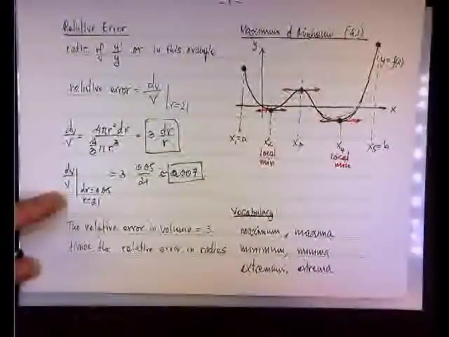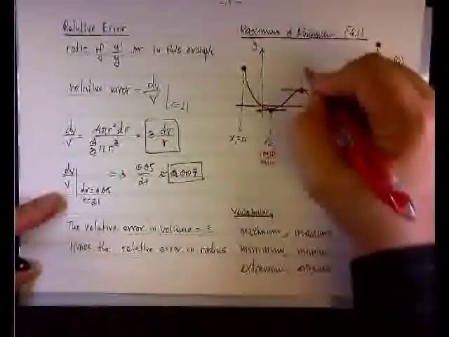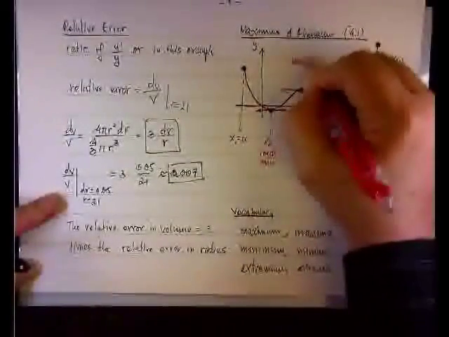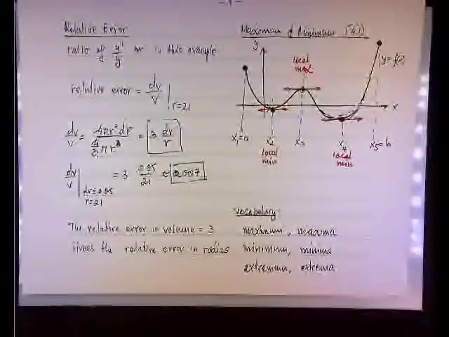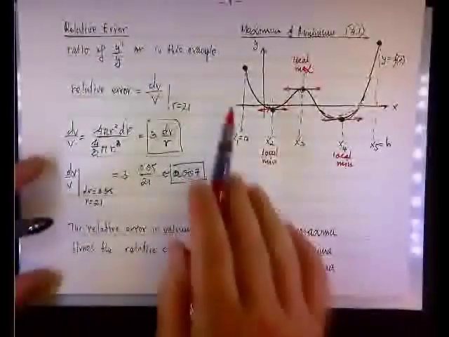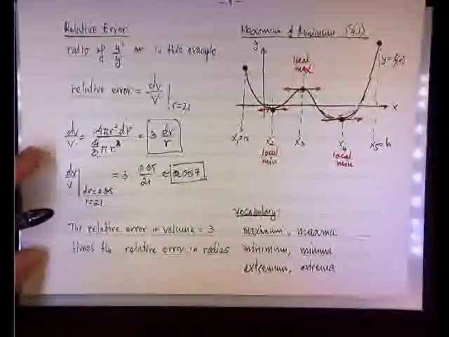On the other hand, we're going to say that we have a local maximum at x3.